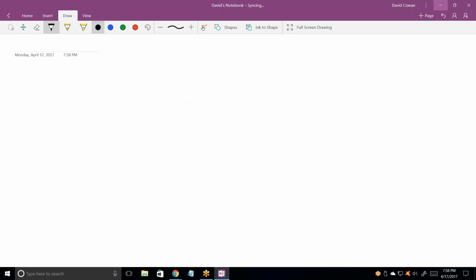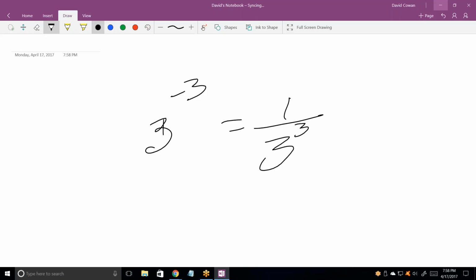What is 3 to the minus 3? Well, let's write it with a positive exponent like that. That's 1/27. In other words, I've got to take 3 to the third power, which is 27.